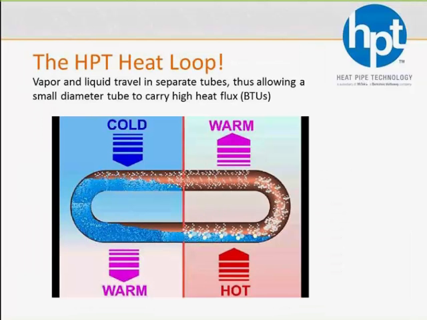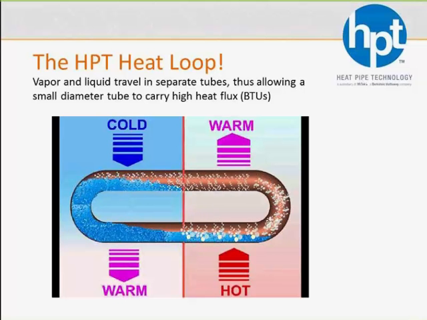Now, we at Heat Pipe Technology don't use that single tube circuit. There are heat pipes out there that do. We use what we call a loop circuit, and this graphic is showing what one individual loop circuit would do. So picture the air moving in and out of the screen, and if there was no temperature differential or no air, we would just have refrigerant sitting at the bottom of that loop.